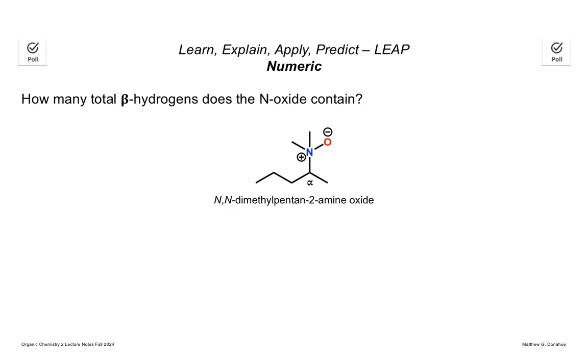So how many total beta hydrogens does the N-oxide contain? There's 3 here. We'll call that beta prime because it's different. That's 2, so we have 3 plus 2, 5 total beta hydrogens.